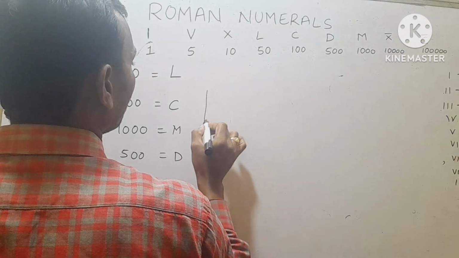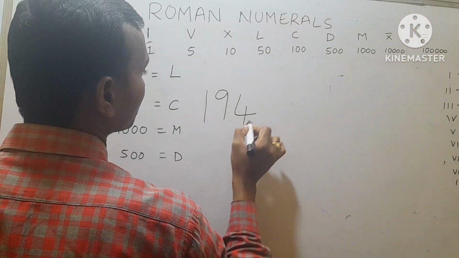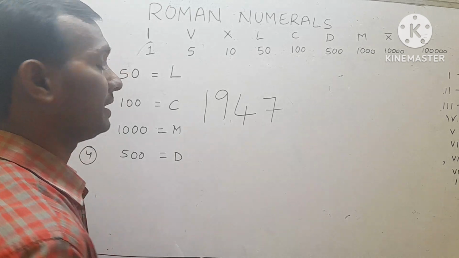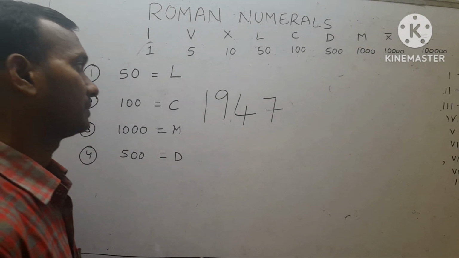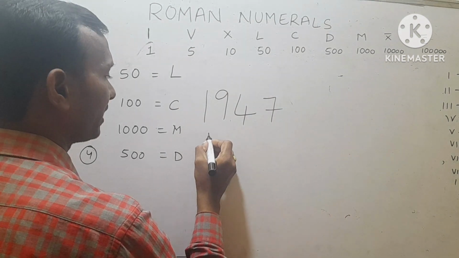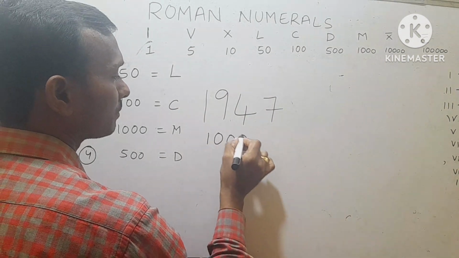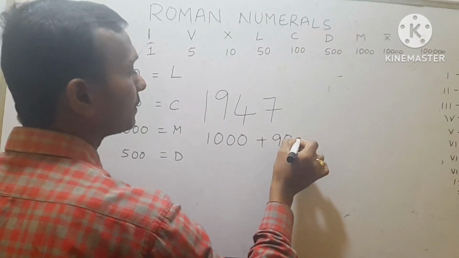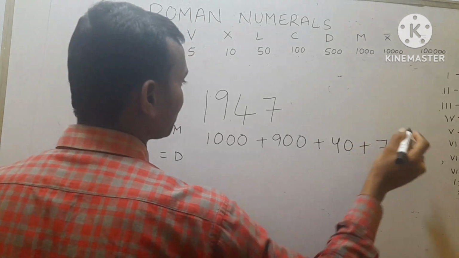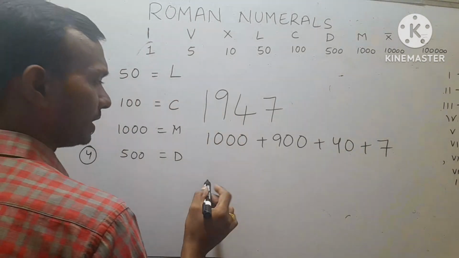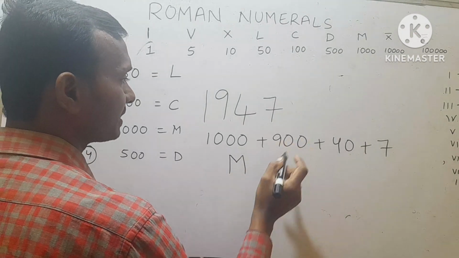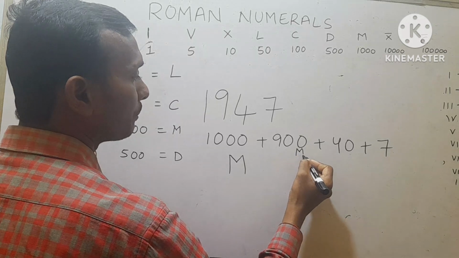For example, if you want to write 1947, we will represent 1947 in Roman numerals. First you write the number in expanded form. 1000 plus 900 plus 40 plus 7. This is the expanded form of the number. We know that 1000 means M. 900 is nothing but 1000 minus 100.